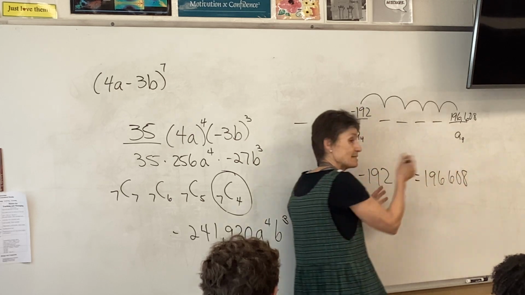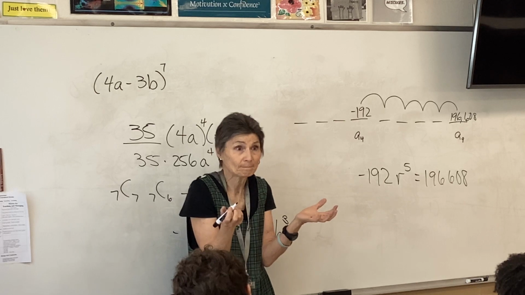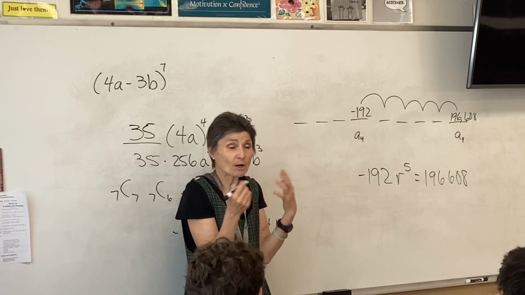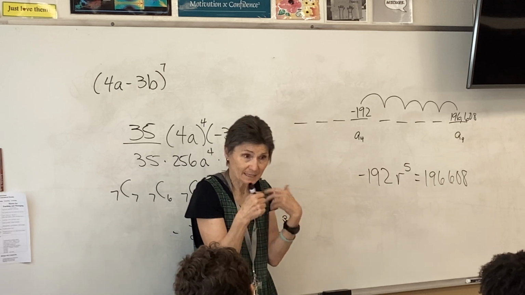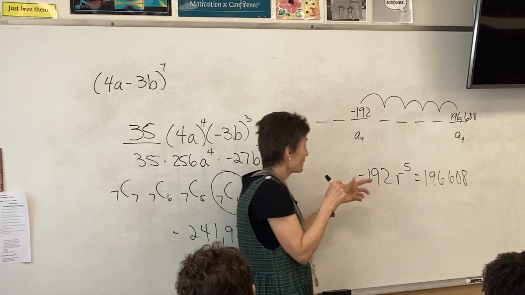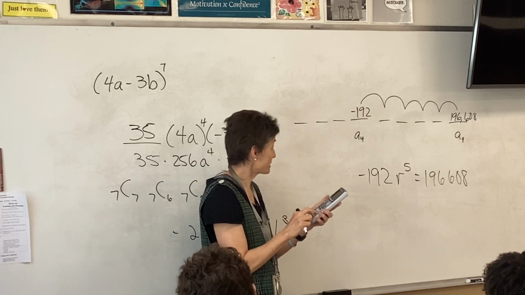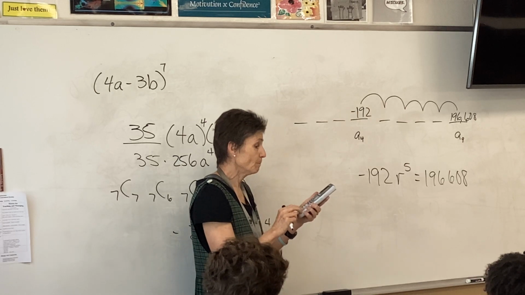Does that make sense? We haven't answered the question, but that's what's happening. I'm trying to figure out what my ratio is, because I can't write a formula unless I know my ratio. So first thing I'm gonna do is divide 196,608 by 192.